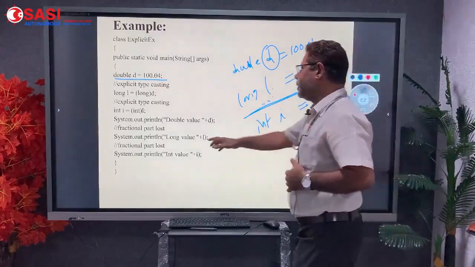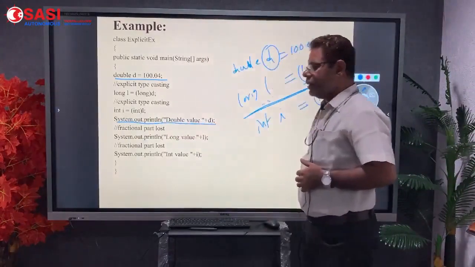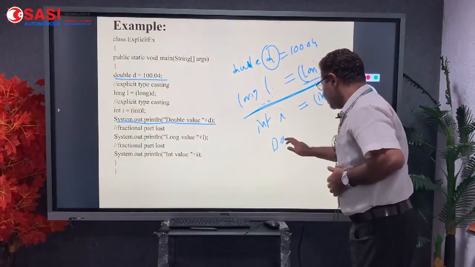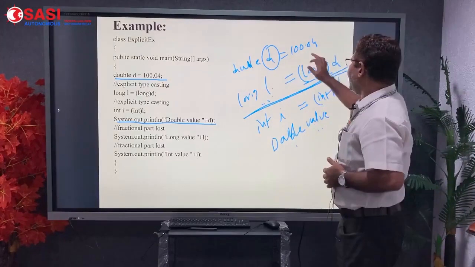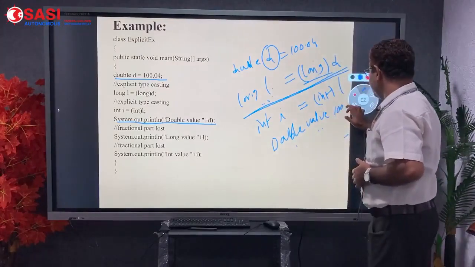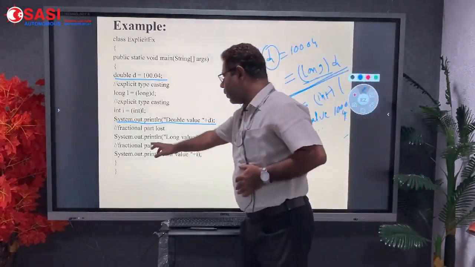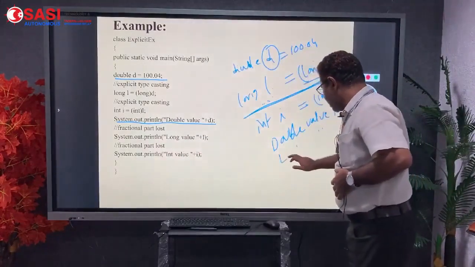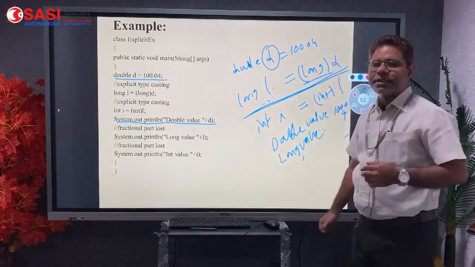For example, system.out.println double value d. That means the output is the double value. What value are we storing in d? 100.04. Next, system.out.println long value. Here we lost data.